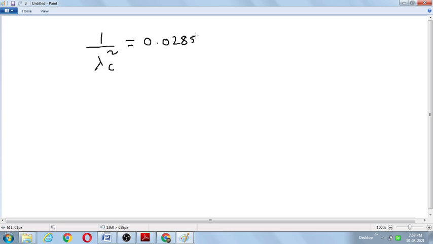So lambda c square is equal to 1 by 0.0285, that is equal to 35.08.